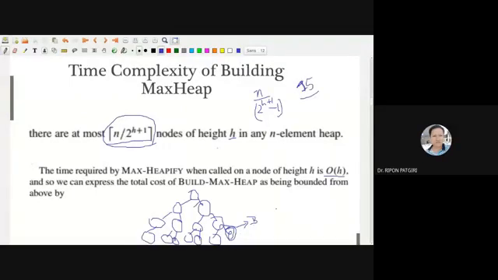It should be 1 node. And here 2, 1, 0. Am I clear right now?